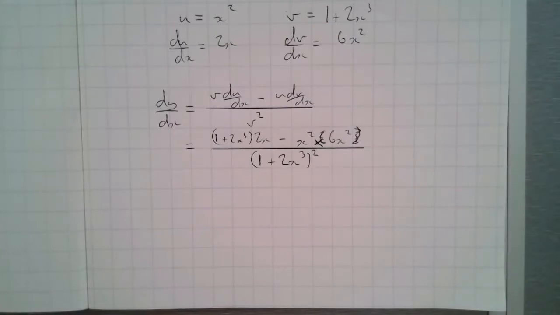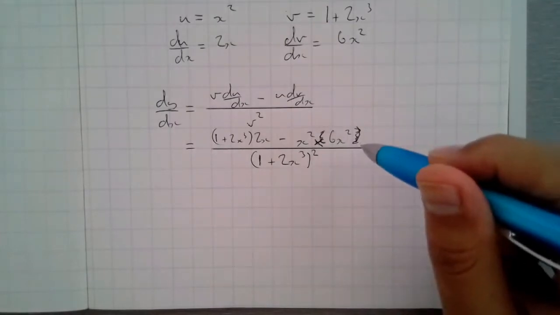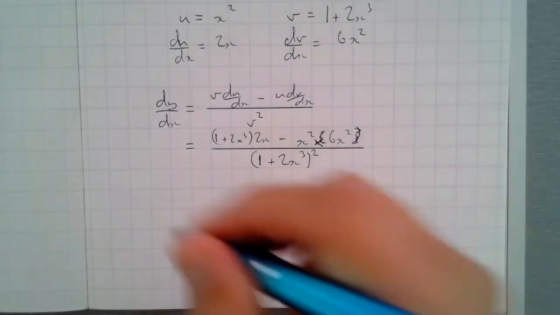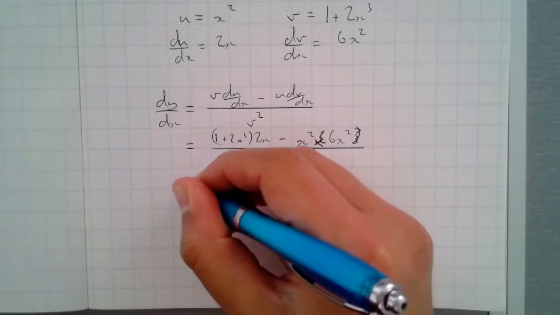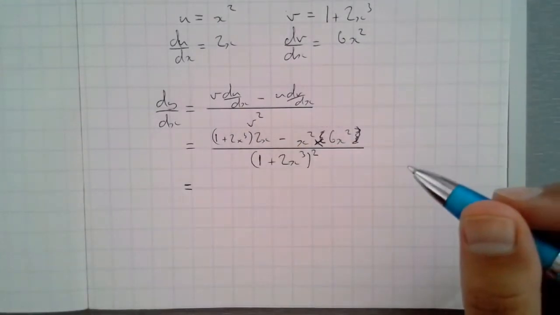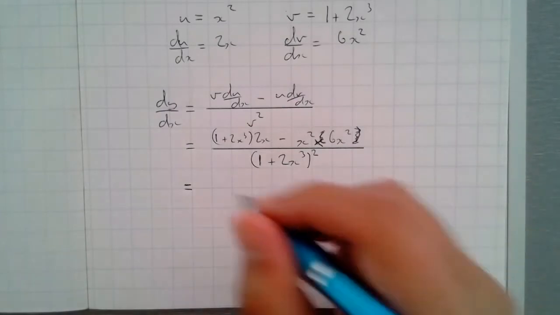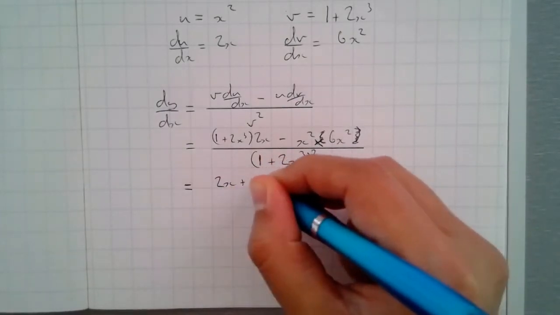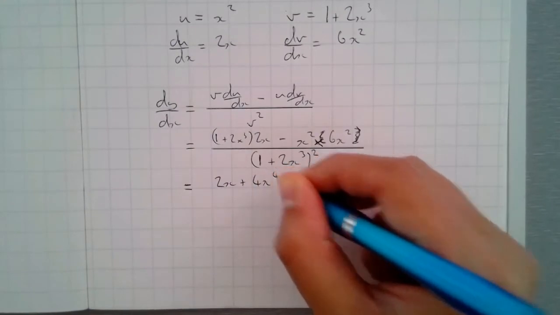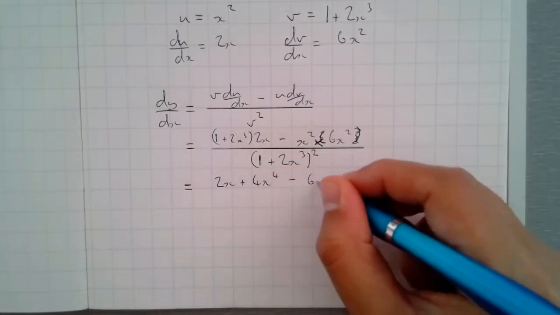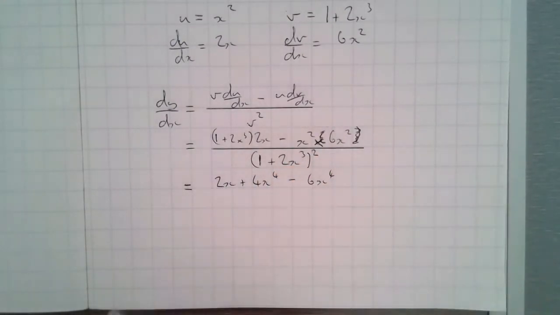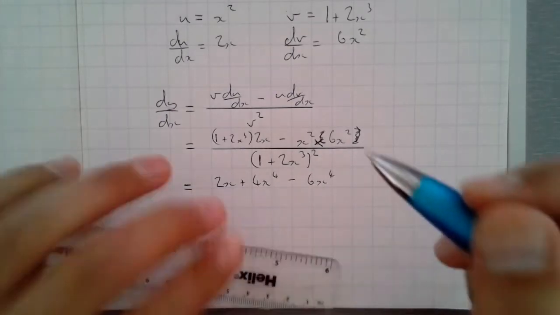Okay, from here, tidy up the numerator, don't expand the denominator out. So if I tidy up the numerator, I'm going to get 2x plus 4x to the 4 minus 6x to the 4. And from here, well actually we can just tidy up the numerator a bit more, can't we?